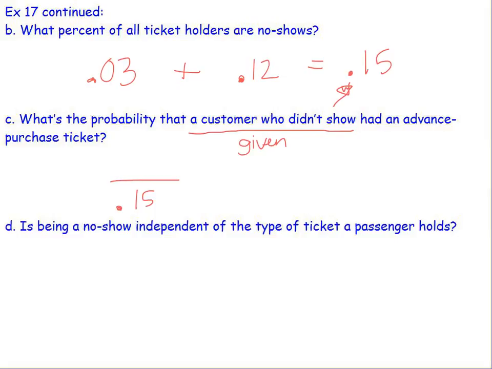We want to know which of those numbers were our advanced purchase people. If we go back to our tree, the advanced no-shows were the 0.03. So I'm going to put that right there. 0.03 divided by 0.15, you should get 0.20, or if you use a fraction, 1 out of 5.